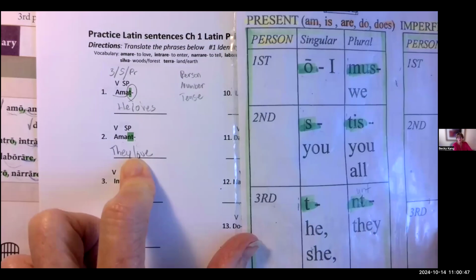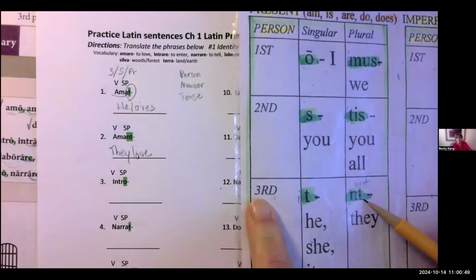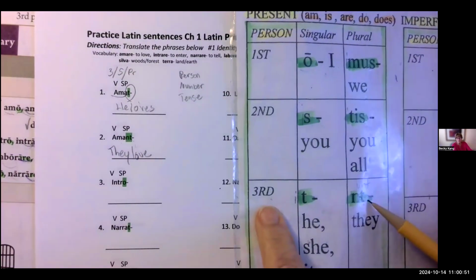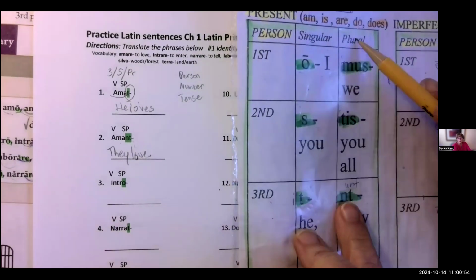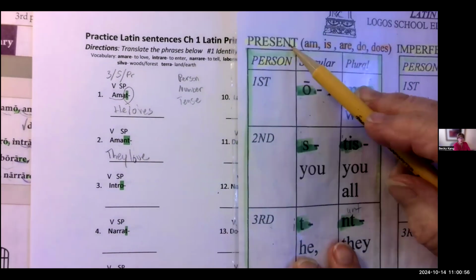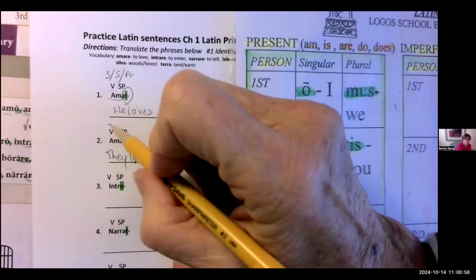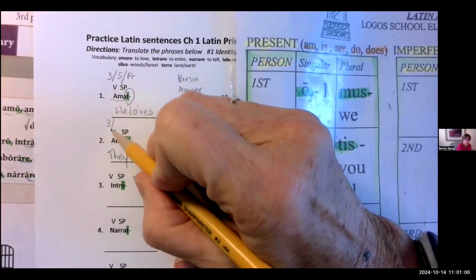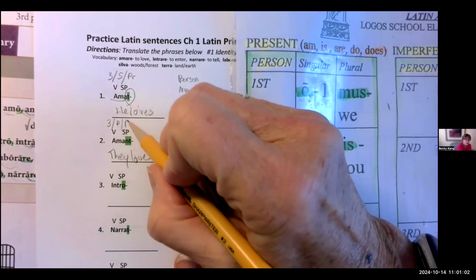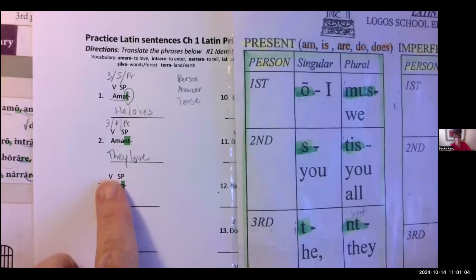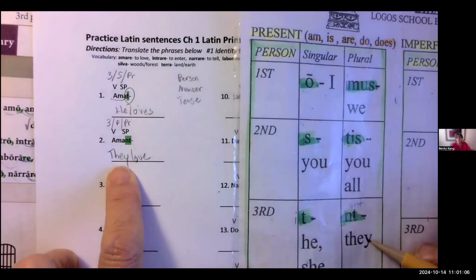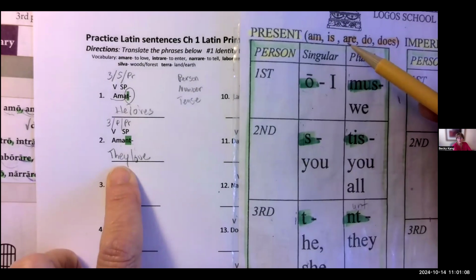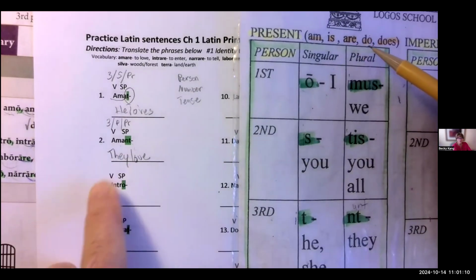Person, number, tense. Well, let's look. There's NT. It's third person. It's plural, and it's present. So I would parse that up here. Third person, plural, present. And there's a couple of options. They love, they are loving, they do love.